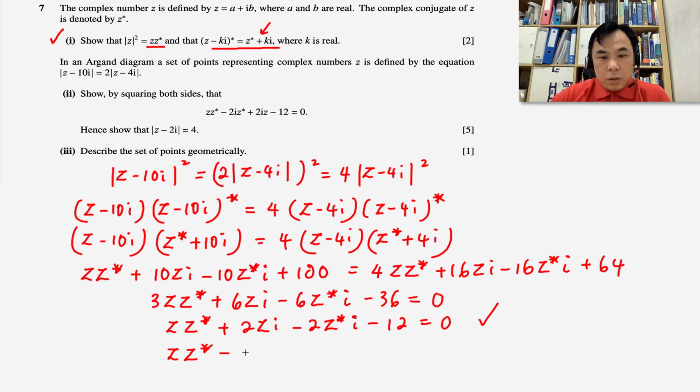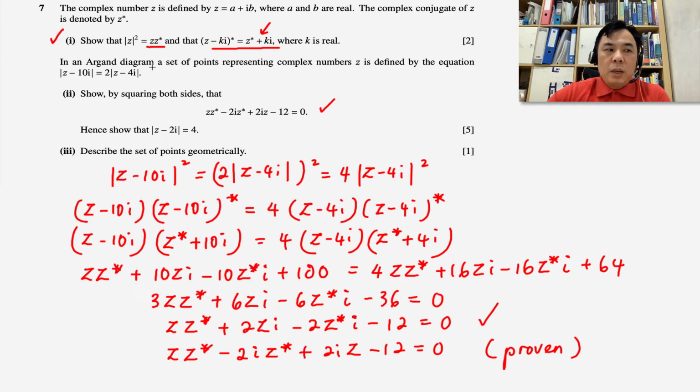Now I'm going to just rearrange so that it matches the question itself, but you don't have to do this in the exam anyway. So basically it looks something like this. Minus 12 equals to 0. And then there you have it. It has been proven that by squaring both sides, we can actually obtain this complex and complex conjugate equation here. All right, so I hope that is clear. I'm going to pause here for a while.